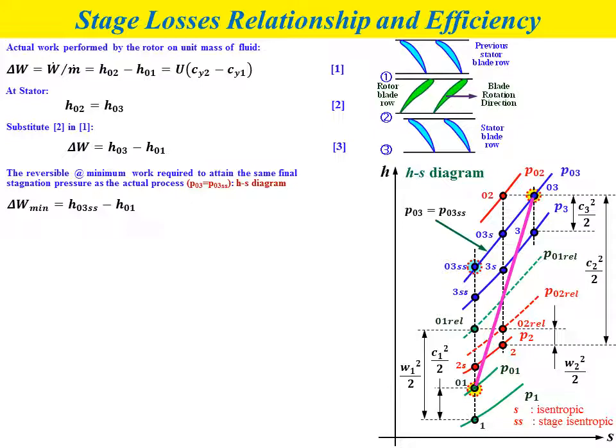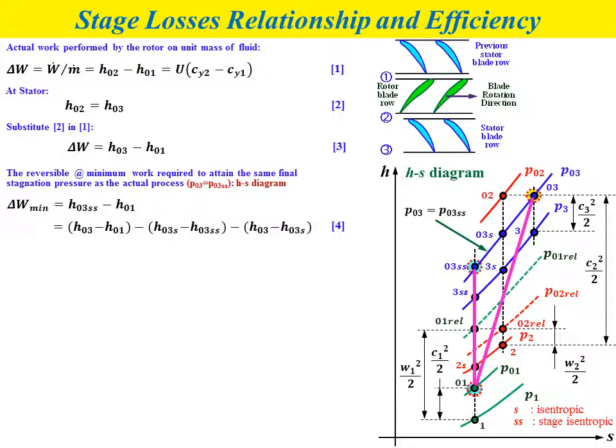If you refer to the HS diagram, that is the enthalpy at point 03SS and the enthalpy at point 01. And the vertical line represents the ideal compression process for the compressor. So this value will give you the minimum work that needs to be supplied to the compressor.